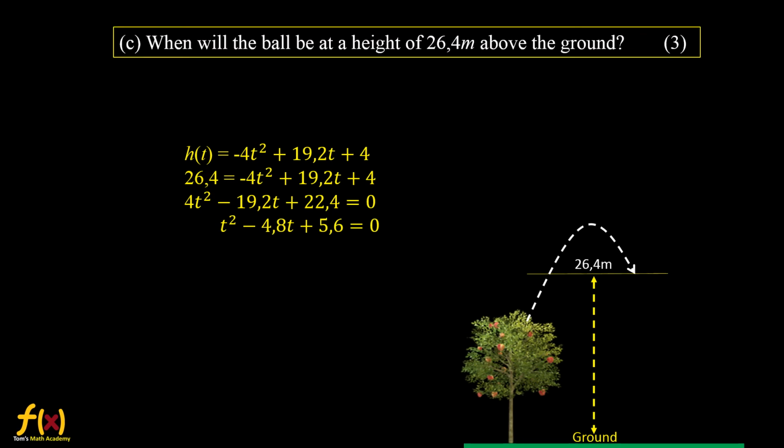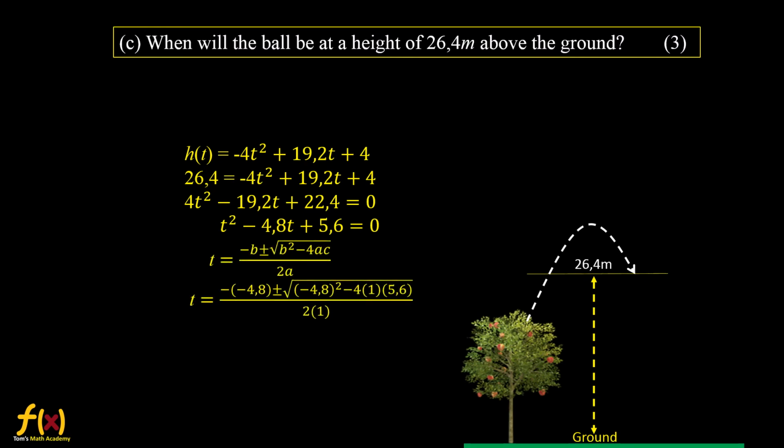Simplifying and writing the standard form, t² minus 4,8t plus 5,6 equal to 0. We make use of the formula here, substituting very carefully into the formula and using the calculator. We get t equal to 2 seconds or t equal to 2,8 seconds.